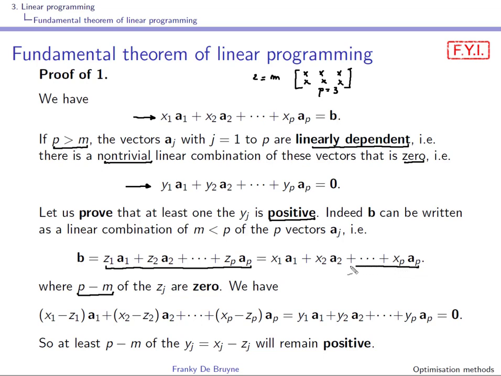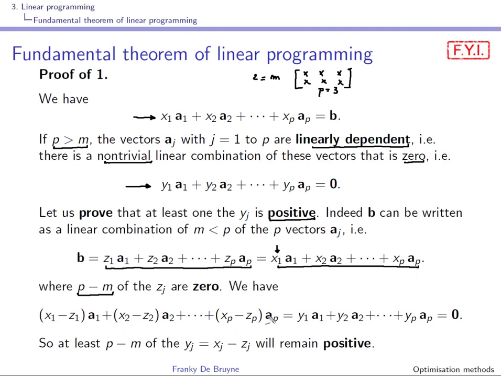So we have two ways to write b. So what you can do is subtract both equations, and then obviously we'll have a 0 on the right side, and on the left side we'll have (x1 minus z1) times a1 plus etc. Right? We know that these elements here are positive, right? And in this decomposition there are p minus m of the z_j that are 0.